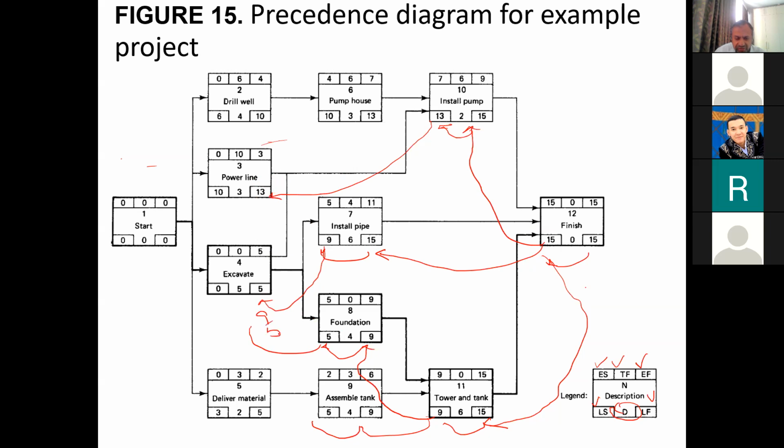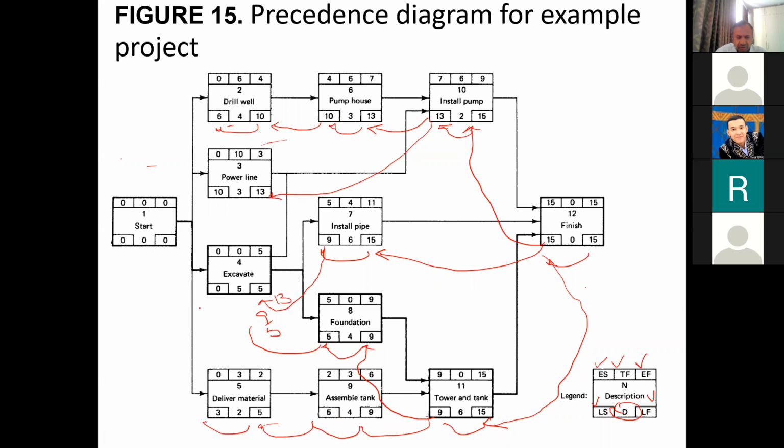So out of 9 and 5, and 13 from here, we will get the lowest value, 5. So 13 goes here, 13 minus 3 is 10, 10 goes here, and 10 minus 4 is 6. And then from here 5 goes here, 5 minus 2 is 3.